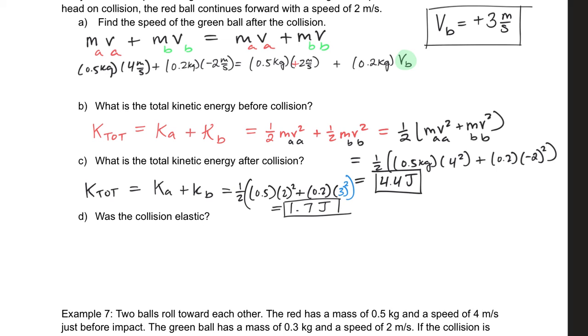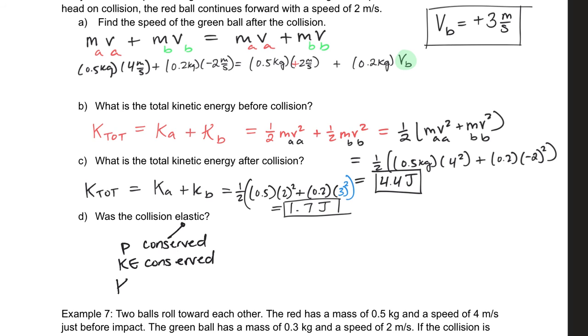The whole point of this is to determine, is this collision elastic? So what are two things that define an elastic collision? Momentum is conserved, and then kinetic energy is conserved as well. So we know that in an elastic collision, P is conserved, and so is K. So KE is conserved.